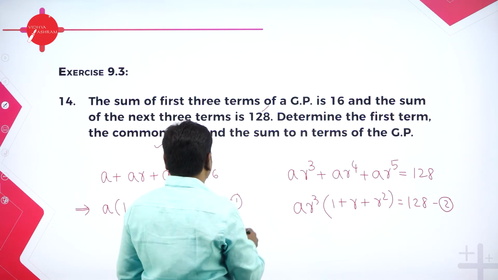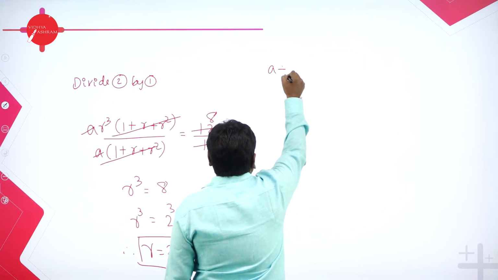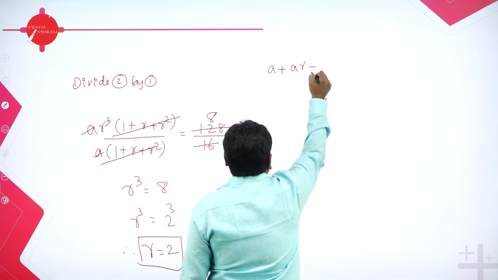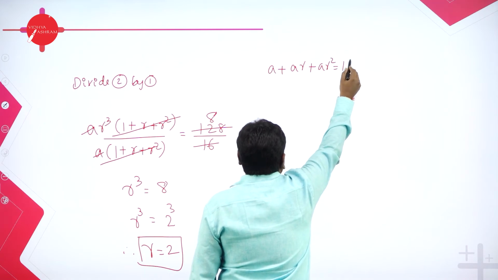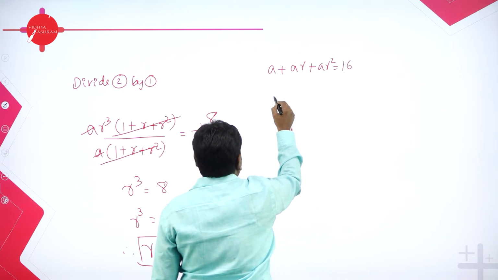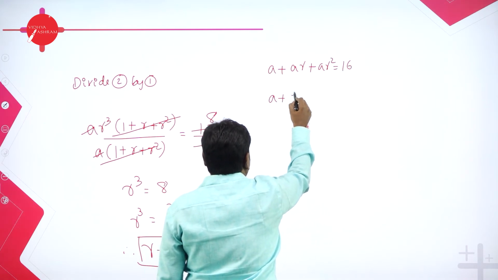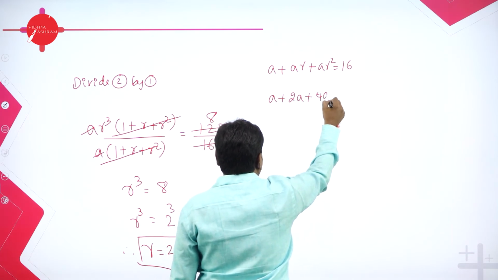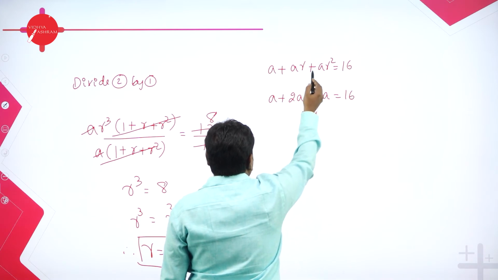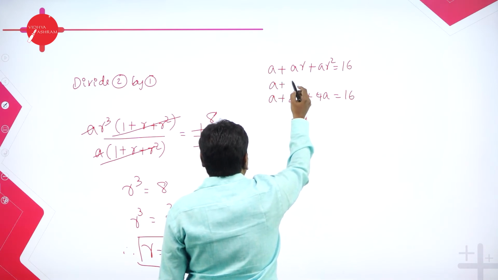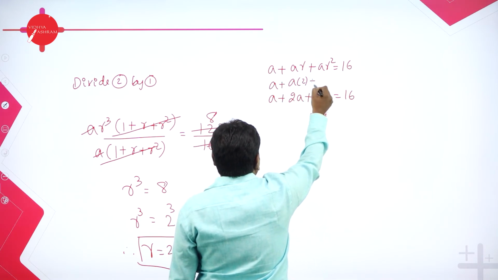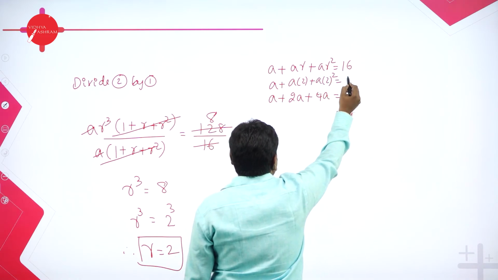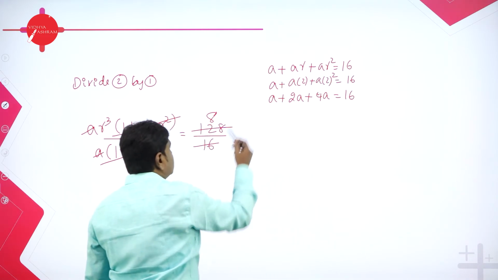First term means substitute. I'll substitute in equation 1. So what is equation 1? A plus AR plus AR square is 16. In this you put value of R. R is what? 2. A plus 2A plus 2 square A is equal to 16. In the place of R, I am putting 2. R we got 2, right? 2 square is 4A.